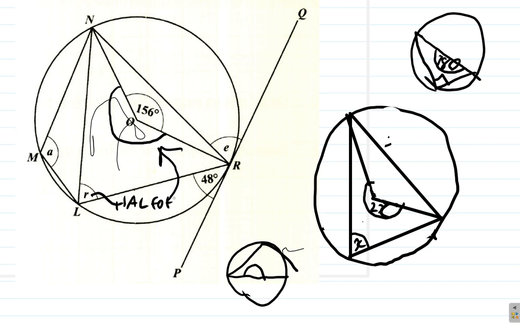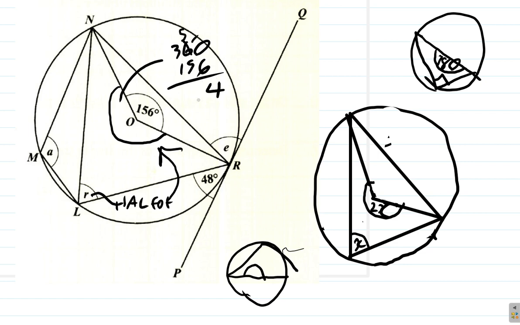So, let's see what's going to happen here now. What's this angle here? The whole angle in the whole circle would be 360. So this angle would be 360 minus 156. Which is what? Borrow 1 from 6, you have 5, 6, 7, 8, 9, 10.